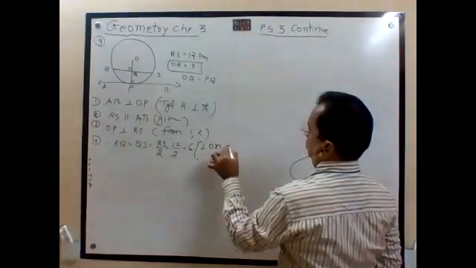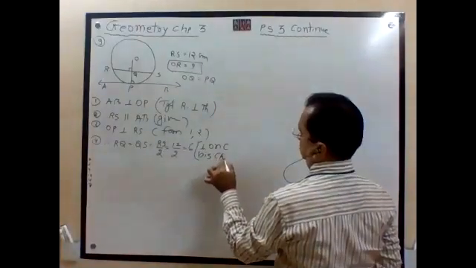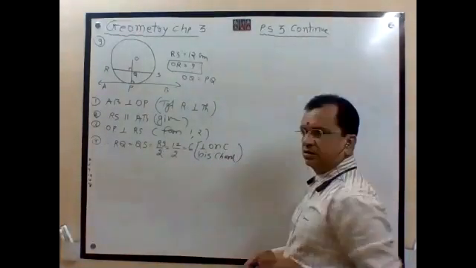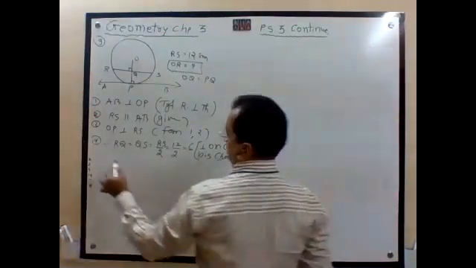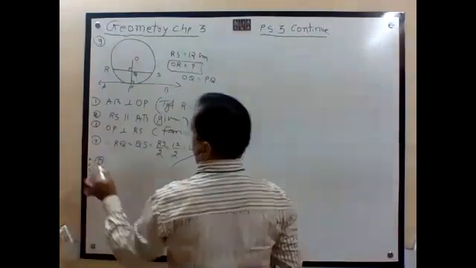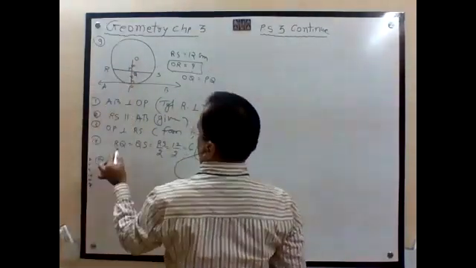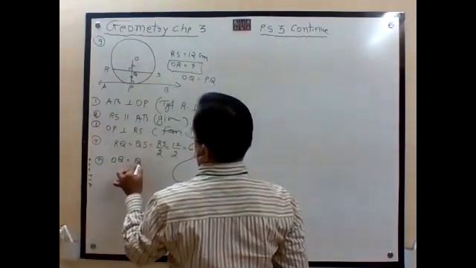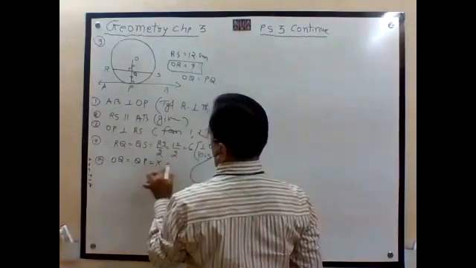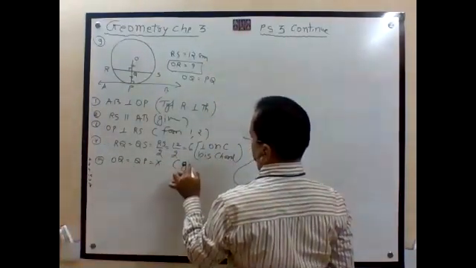A perpendicular drawn on a chord bisects the chord. These are also equal. OQ is equal to QP is equal to X. Both are equal, that is given.